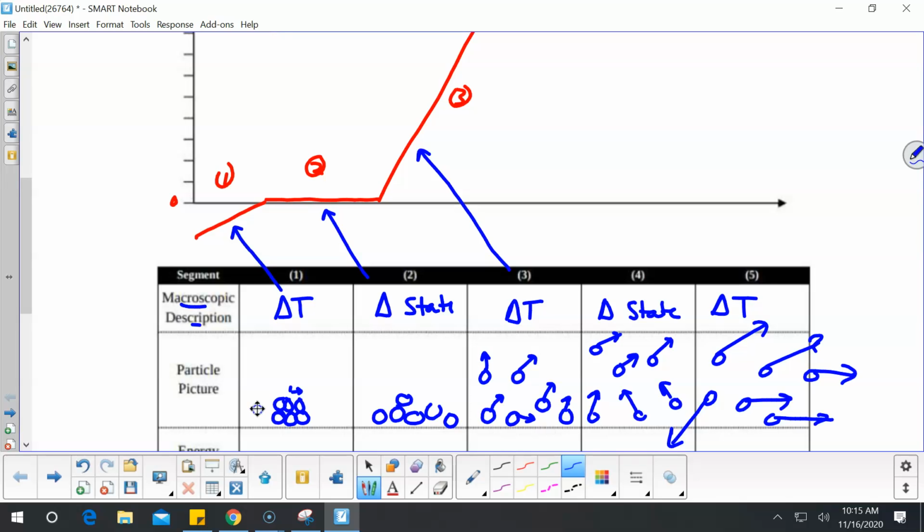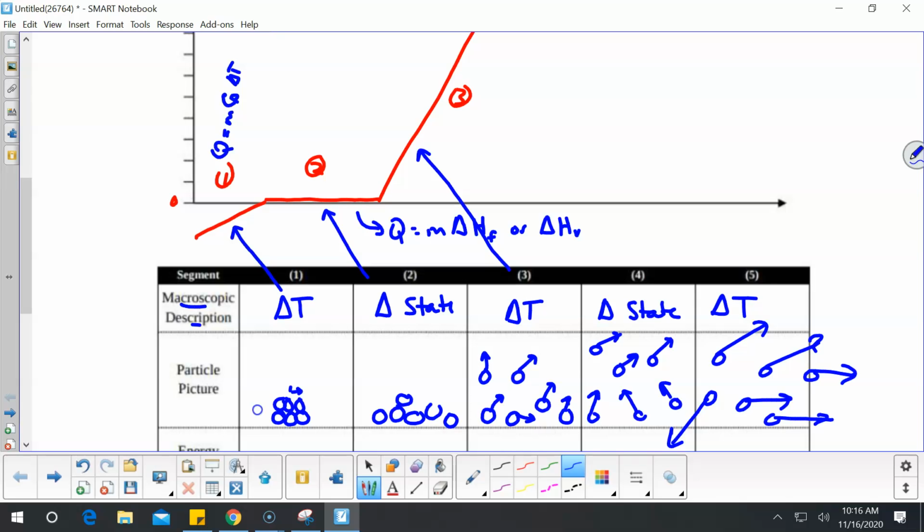So you can see in segments 1, 3, and 5 I have a change in temperature. That means I'm going to use my equation Q equals M C sub P change in T. At segments 2 and 4, I'm going to use Q equals M change in fusion or change in vaporization, depending on what's happening where.